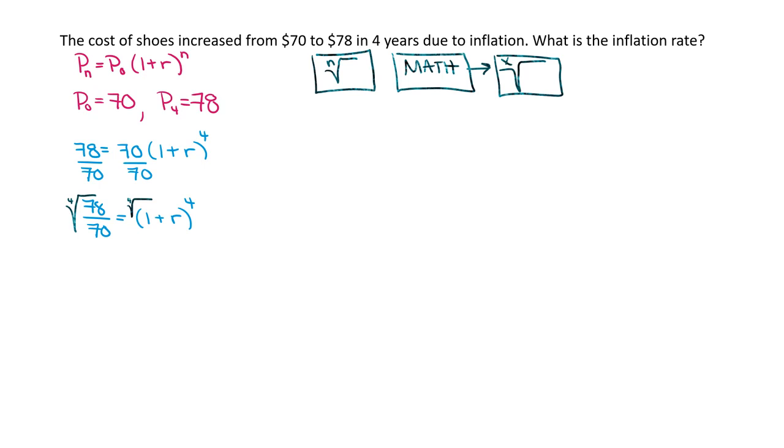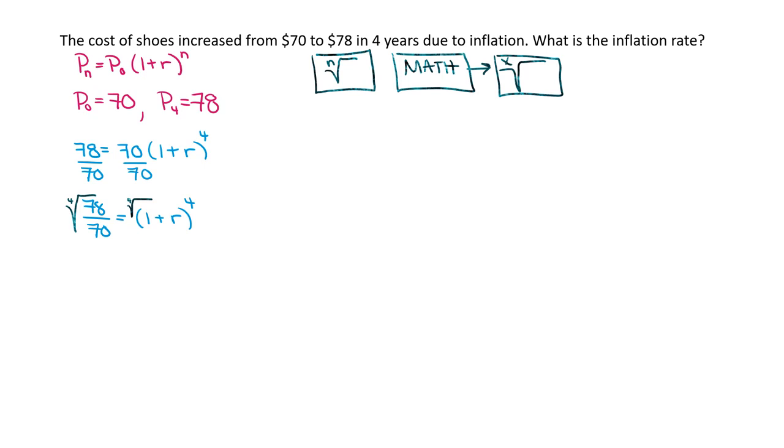I'm happy to help any of you with your calculators before, after, or during class. So I'm going to have to put into my calculator the fourth root of 78 divided by 70. And the exact order of those keystrokes will depend on exactly what kind of calculator you have.